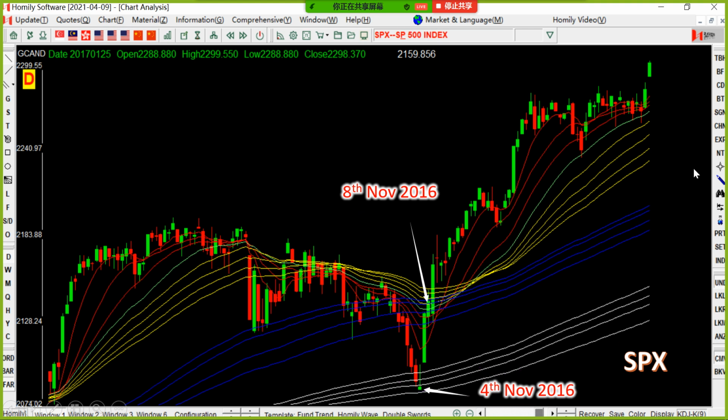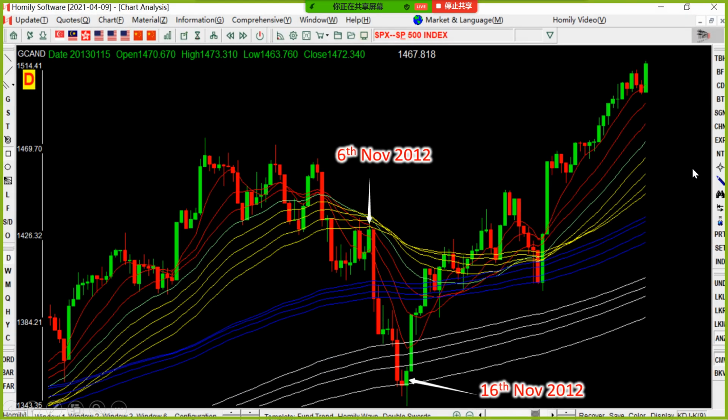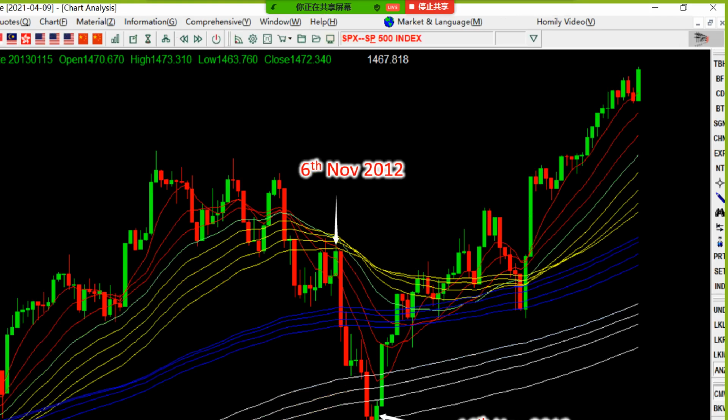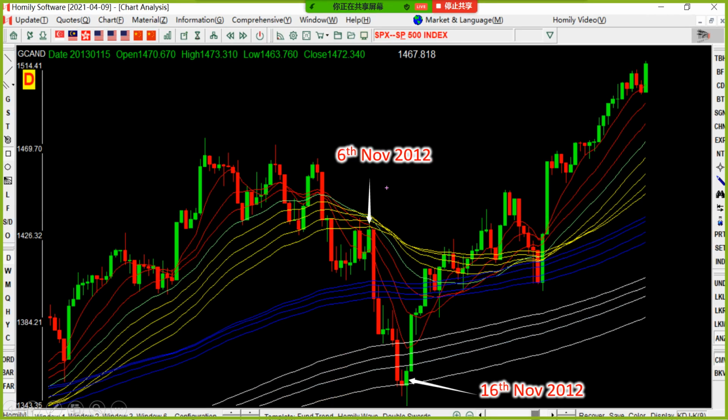Then another time is in 2012. Before the election date, the market did not drop deep enough. So after the election, it dropped all the way and touched the support of the white rainbow around 16th November, more than 1 week after election day, also dropping for a while.